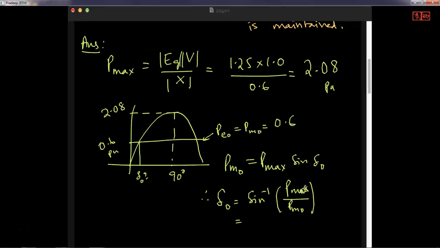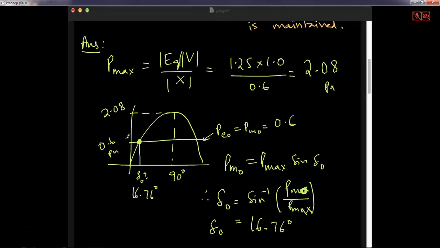This is PM naught by Pmax, sine inverse of 0.6 divided by 2.08. I'm getting 0.292, this is in radians. Multiplying by 180 by pi, I'm getting 16.76 degrees. This is delta naught. So finally I got 16.76 degrees as the delta naught. I'm operating at this point.